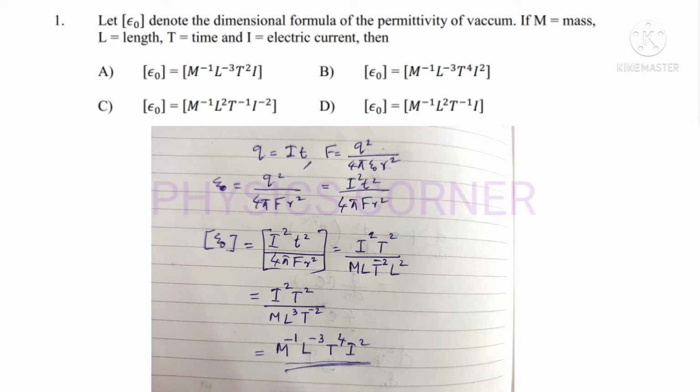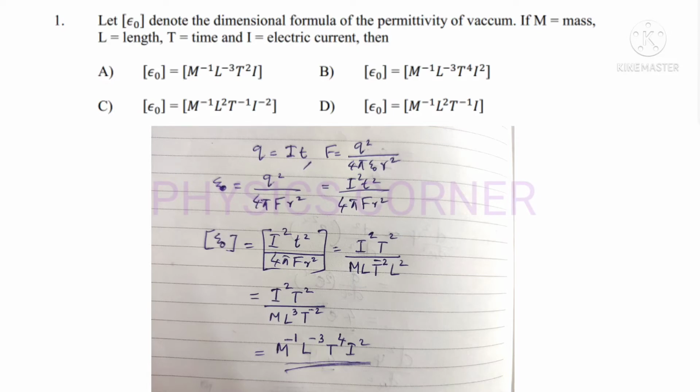Epsilon 0 is there in this equation, right? And we can write the charge Q as the product of electric current and time, right? Because we have to write the dimensional formula for epsilon 0 in terms of current also.